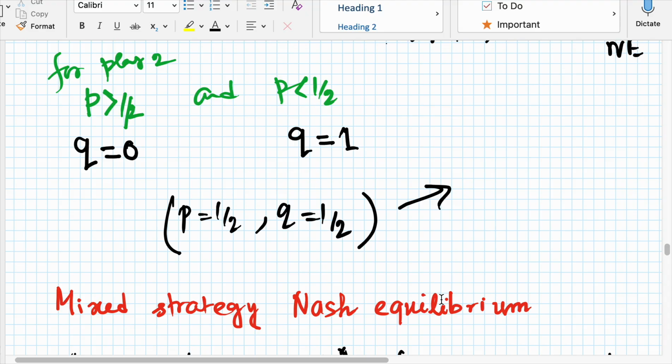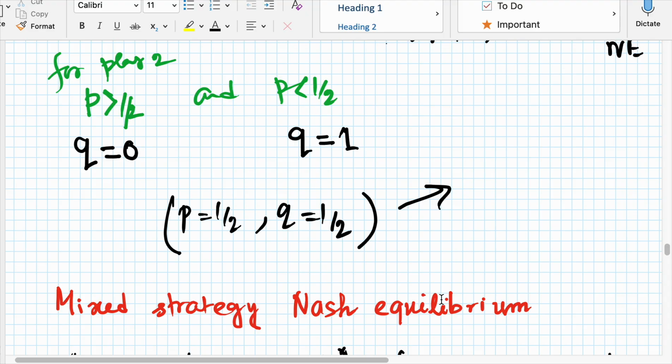Using that property, we have solved graphically and seen how we can determine the Nash equilibrium.